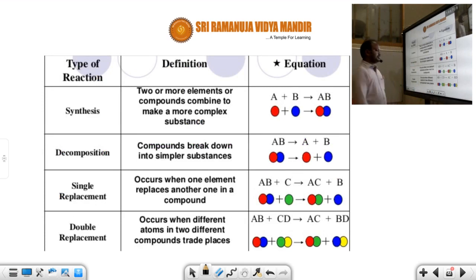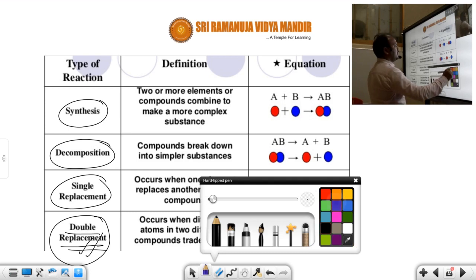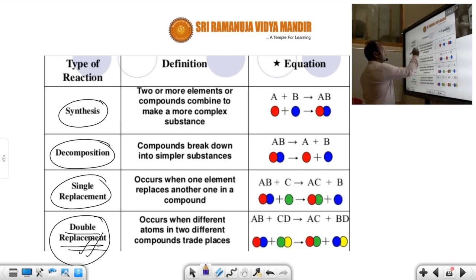And after that, take a look here. Types of reactions: synthesis reaction, decomposition reaction, single displacement or replacement reaction, and double displacement or double replacement reaction, which is also called a double decomposition reaction. What is a synthesis reaction?